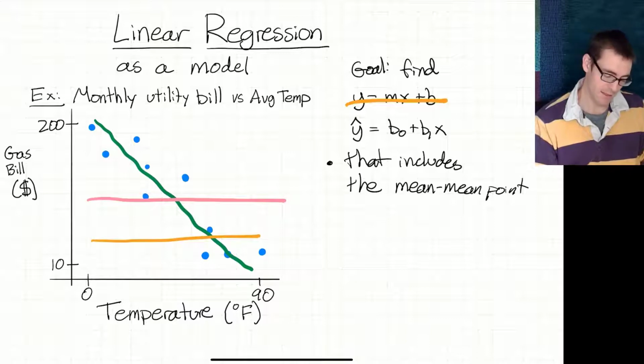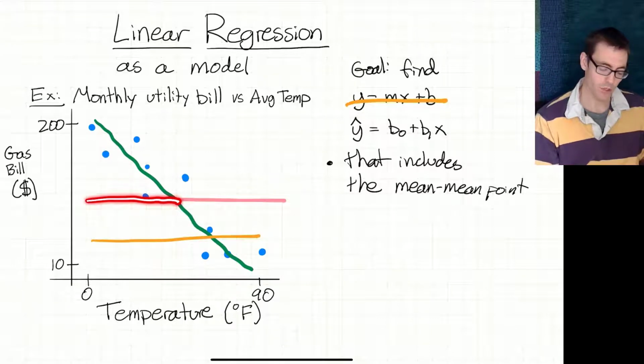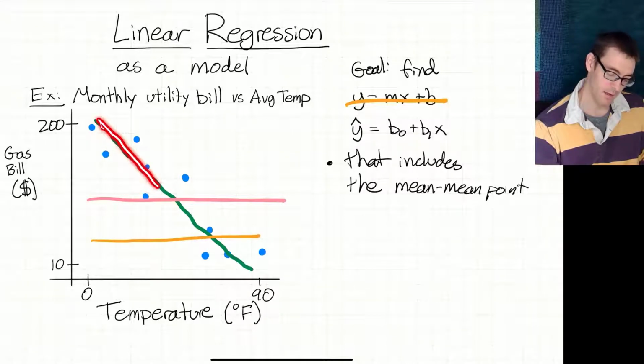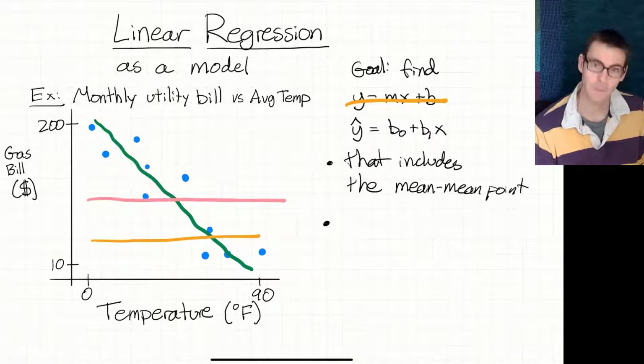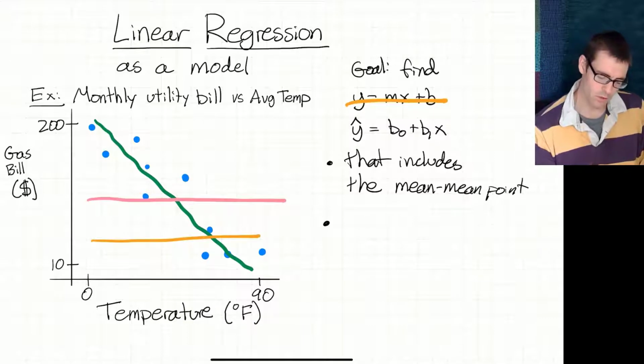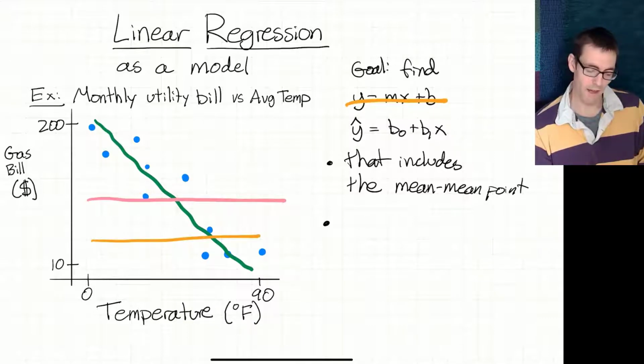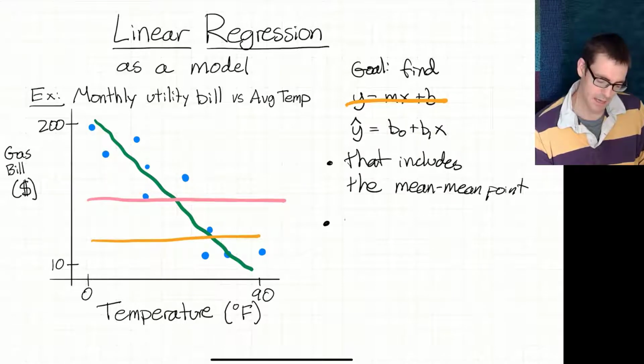What I mean by that is this portion of the line is further from the data set than our first line. Okay. To put that into words, a goal of our model, a goal of our line, is to be as close as possible to as many points as possible.